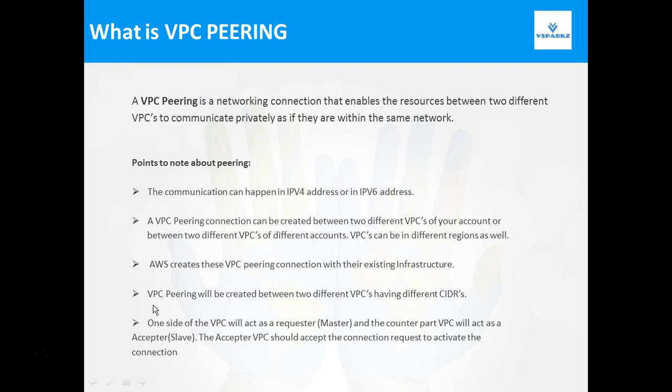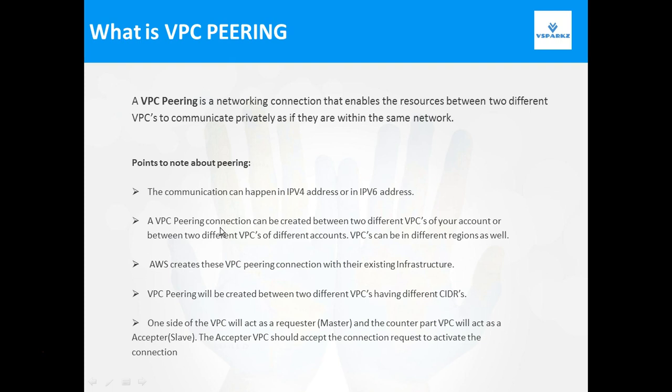And the points to note about peering are below. The communication can happen in IPv4 addresses or in the IPv6 addresses in the peering connections. A VPC connection can be created between two different VPCs of your account or between two different VPCs of different accounts.